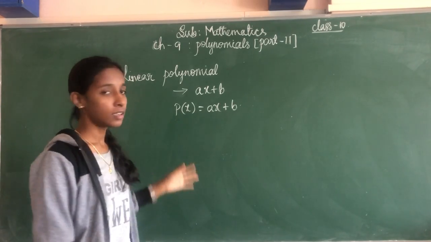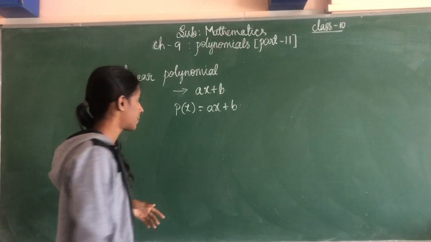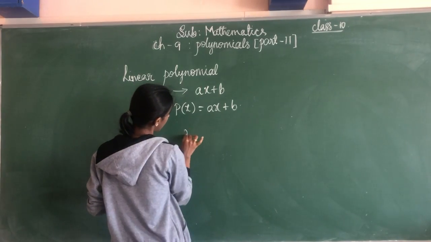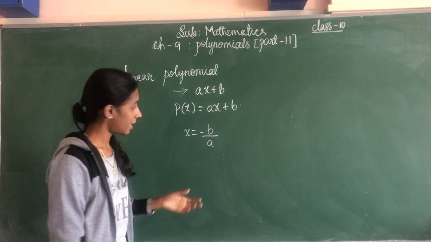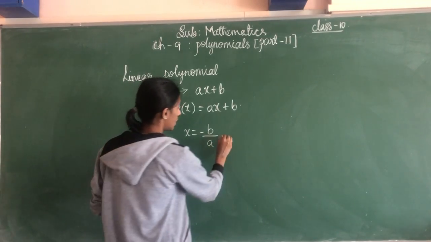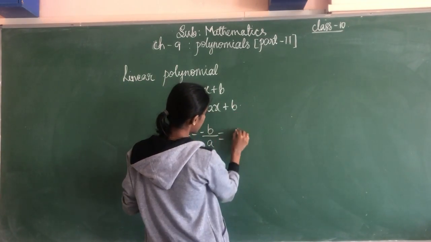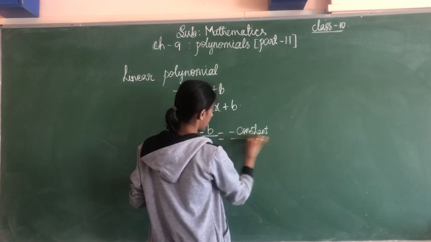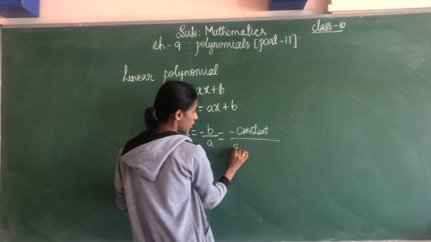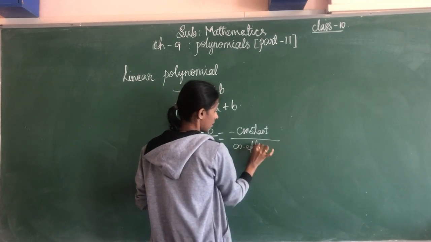Just recall, and I gave one example also. That is x is equal to minus b by a. Here, what is b? b is the constant term, and a is the coefficient of x.